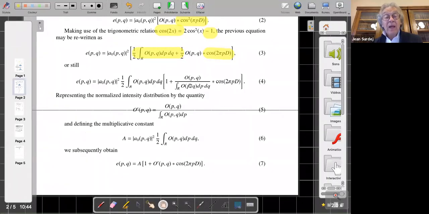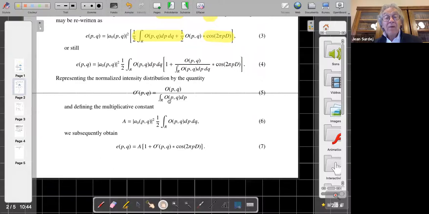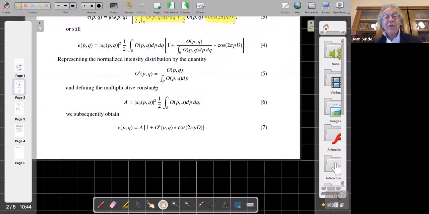Okay, now we redefine the normalized intensity distribution of the source by the following quantity. So O prime of PQ is equal to O PQ divided by the integration of OPQ as a function of dP.